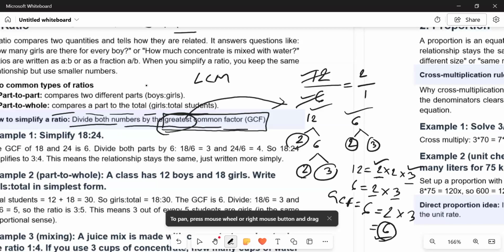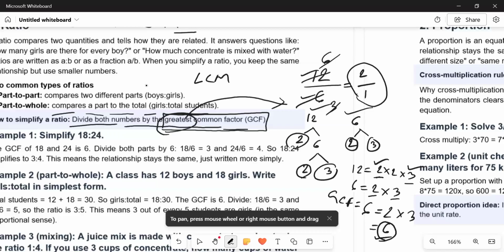And when we divide the numerator and denominator by the GCF, we get the simplest form. Because if I divided it by 2, I'd get 6 on the top and 3 downstairs, and then I'd have to use 3 again to get this result. So I'm having to do more work. But if you know the GCF, your ratio is simplified easily.